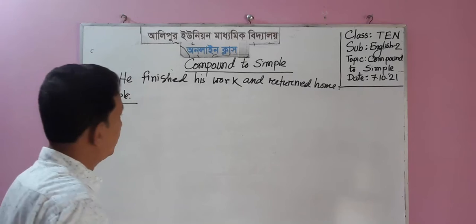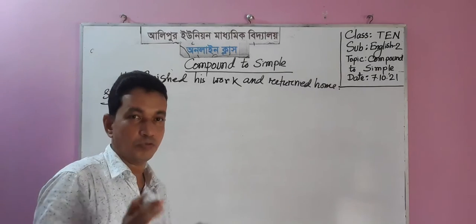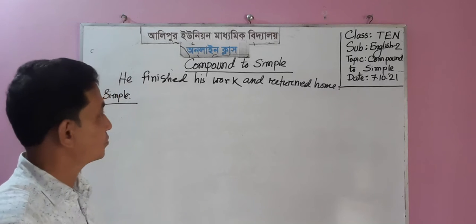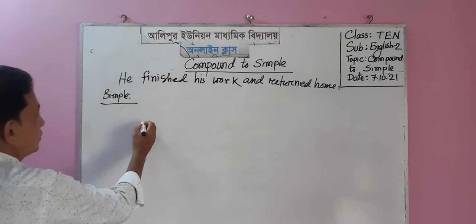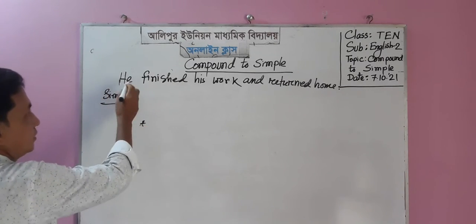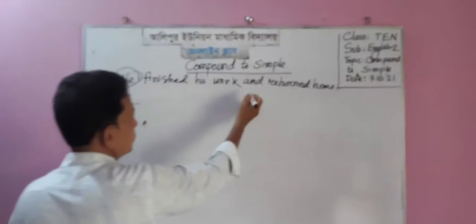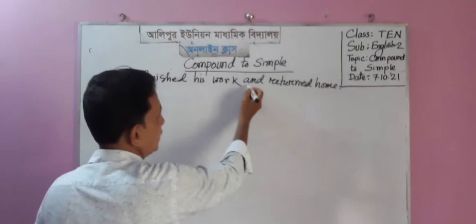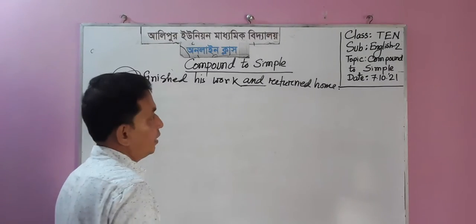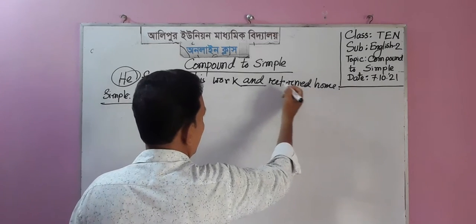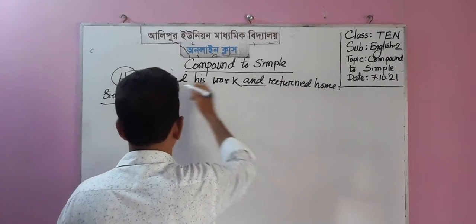Before changing to a simple sentence, at first we have to know the rule of compound to simple. Here the subject is he, and we can find a conjunction, and the next clause is the same as the first clause.